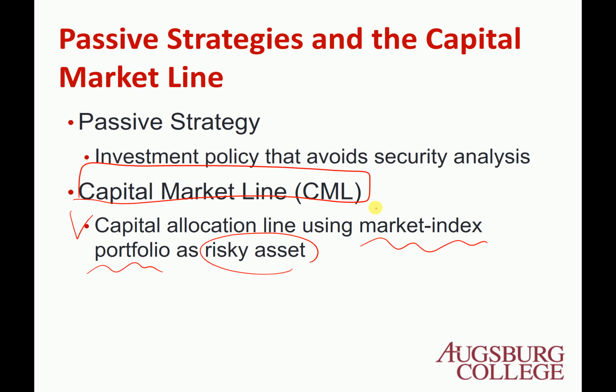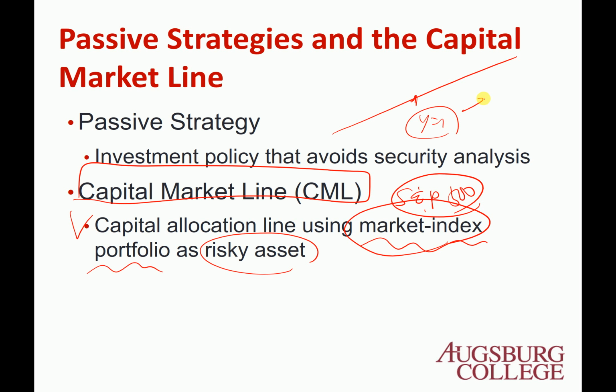So if you just pick the S&P 500 and you draw the capital market line, you just change the proportion of the S&P 500 index funds versus the risk-free funds. If you want to take the same level of risk as the market, y equals 1, right?